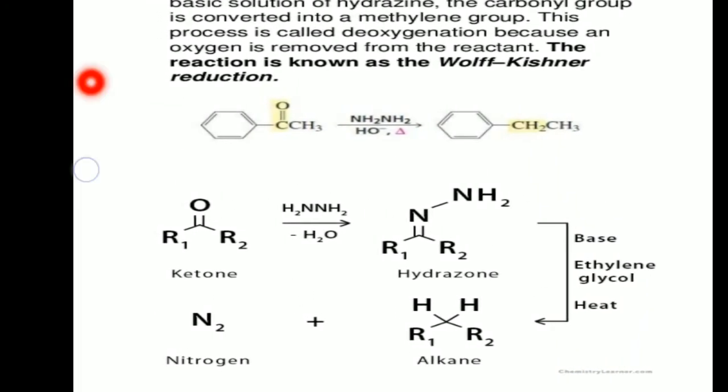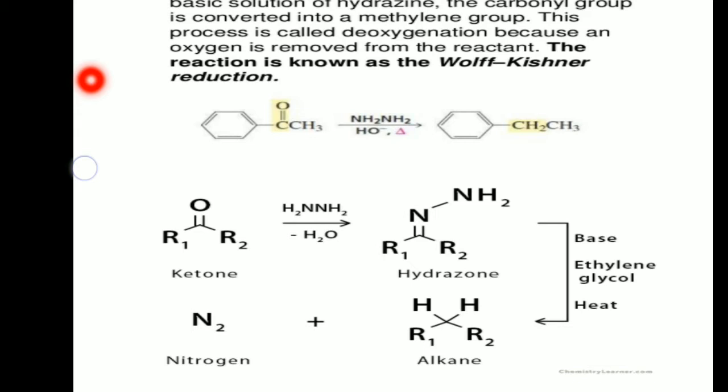Suppose it is a ketone, and it is reduced in the presence of hydrazine. What is happening here? The carbonyl oxygen of the ketone is removed as H2O, and the remaining portion of hydrazine is added like this, which is called a hydrazone. We already saw this in the addition reactions of aldehydes and ketones.